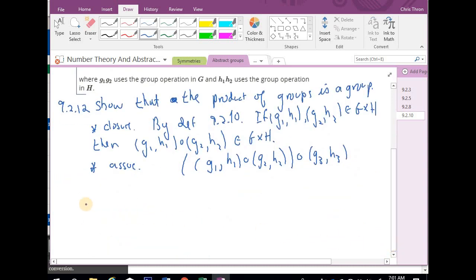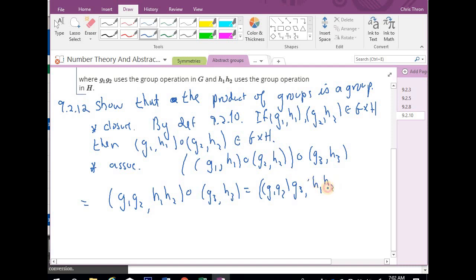Now what's that equal to? It's equal to (g1 g2, h1 h2) circle (g3, h3), and that's equal to (g1 g2 g3, h1 h2 h3).